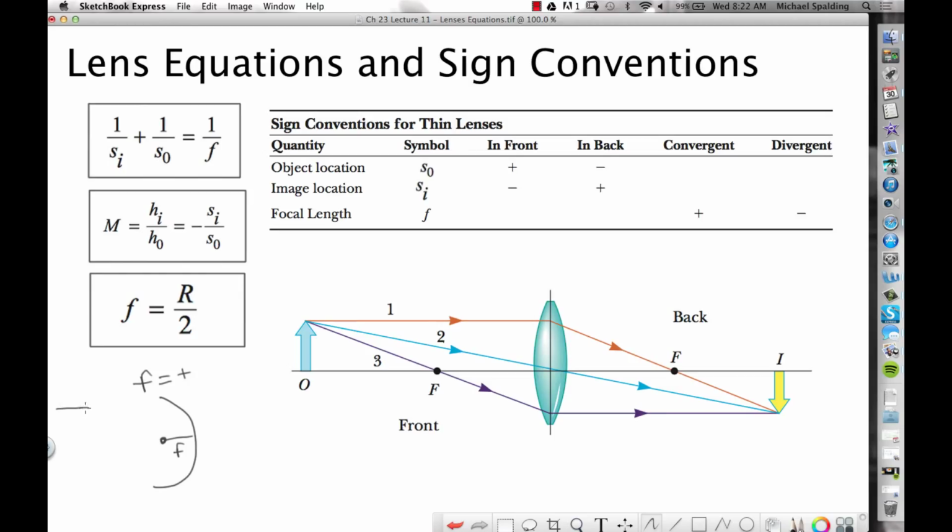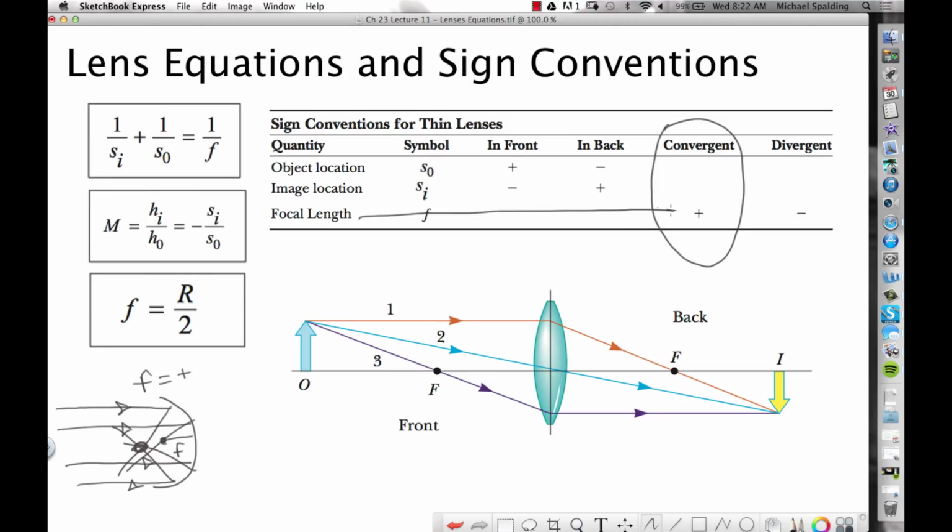Well, when parallel light rays hit a concave mirror, they're going to converge to the focal point. There's the focal point. They converge. So check it out. Converging mirrors, also called a concave mirror, have a positive focal length. Converging lenses also have a positive focal length.